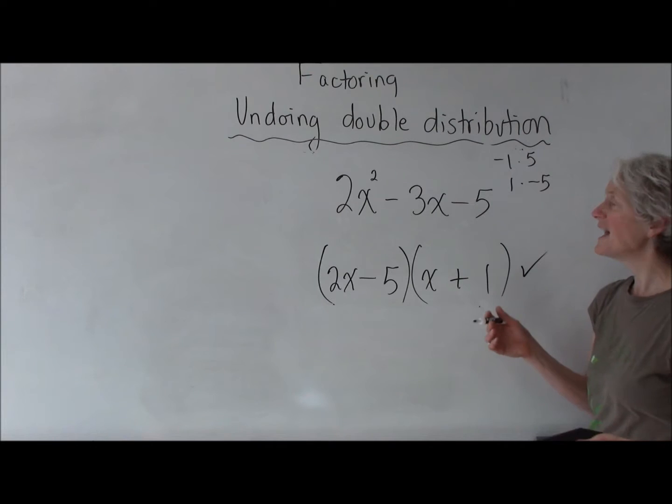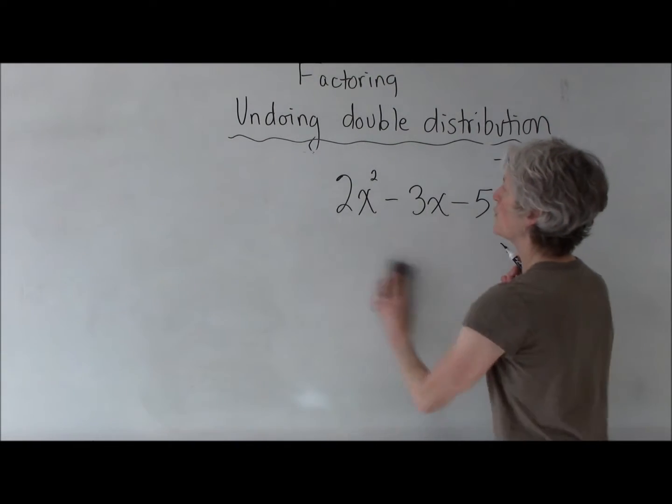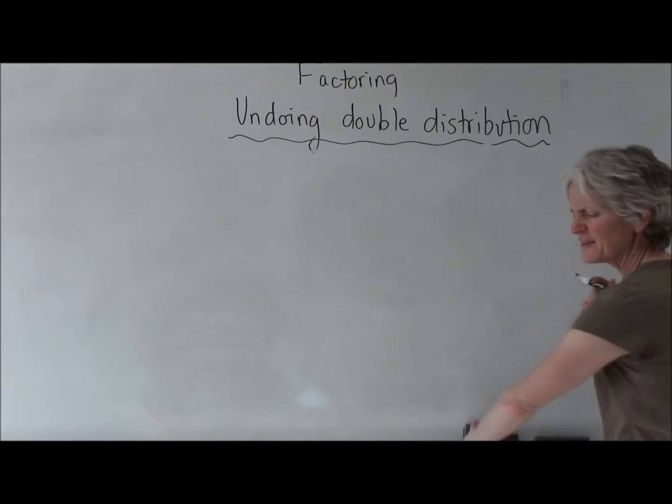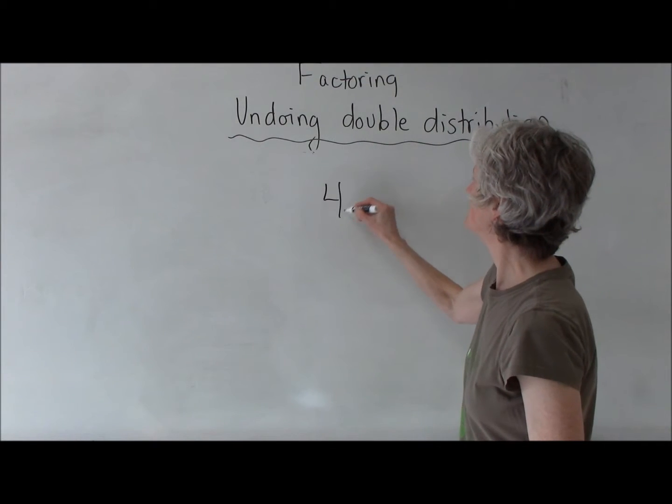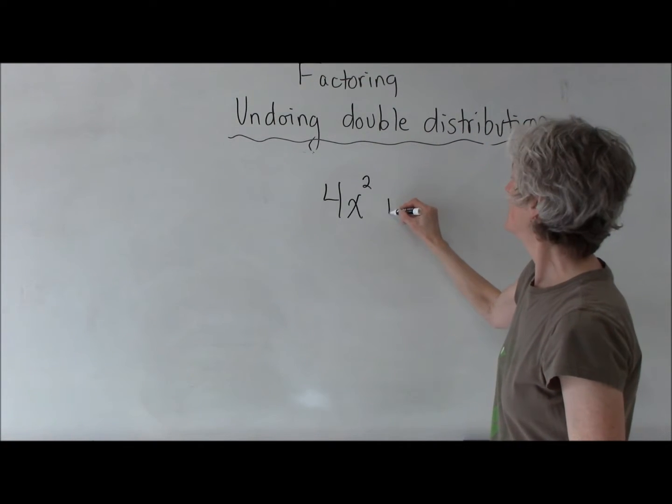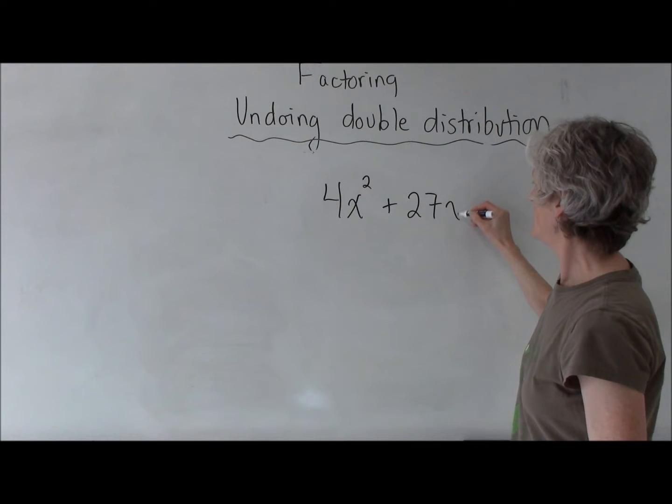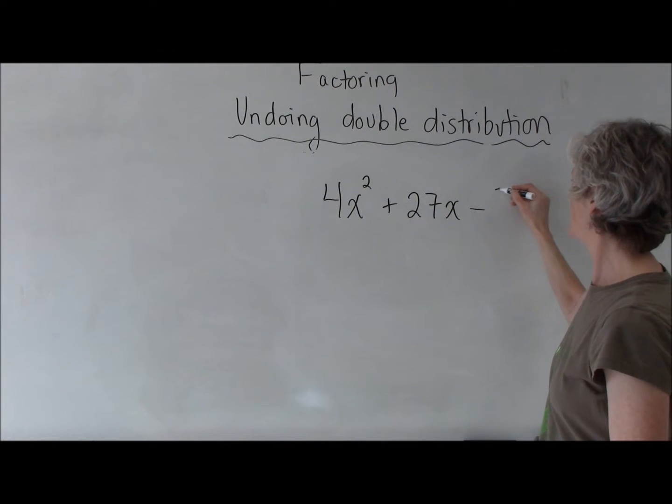Guess and check. Educated guess and check. Let's try one more. Isn't this fun? I love this stuff. It just doesn't get better than factoring. Well, it does, but anyway.